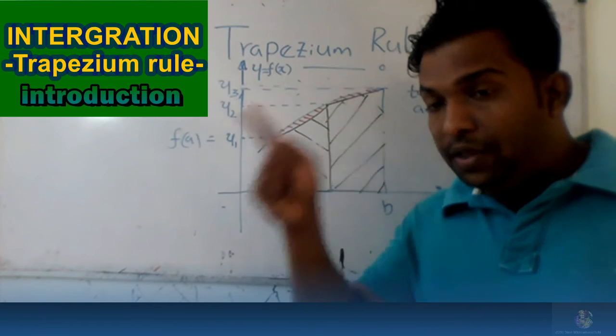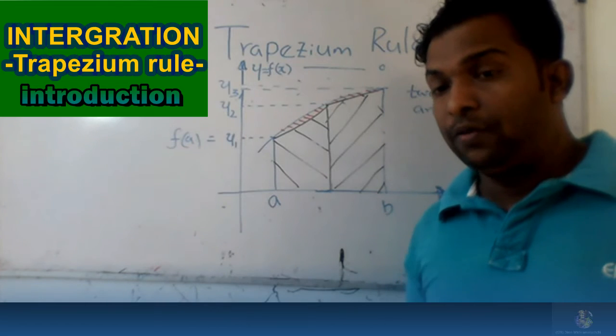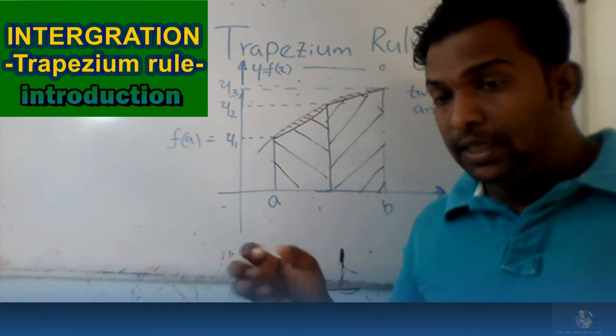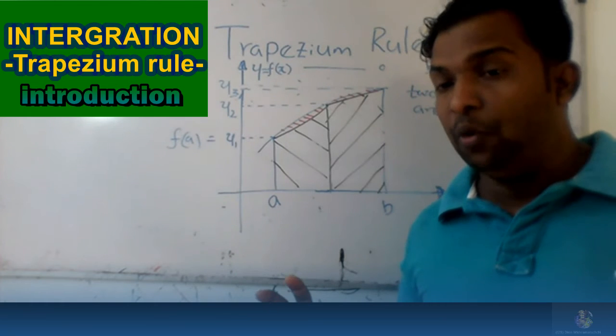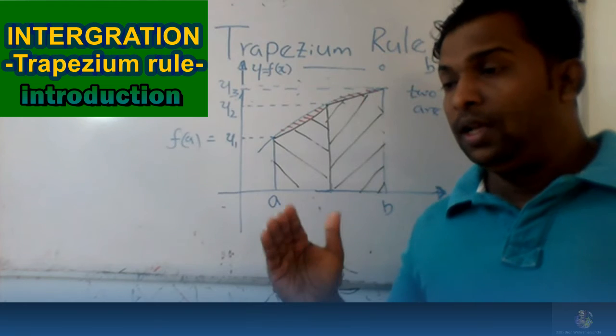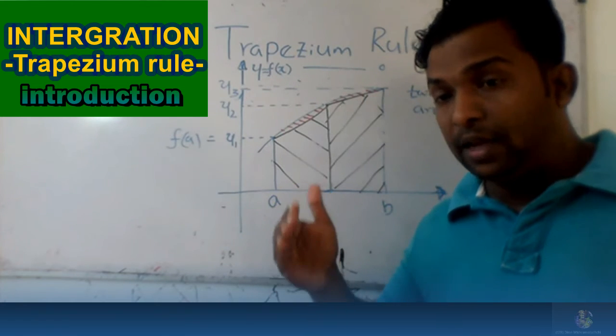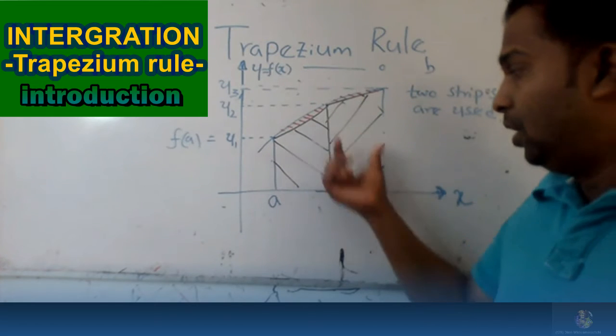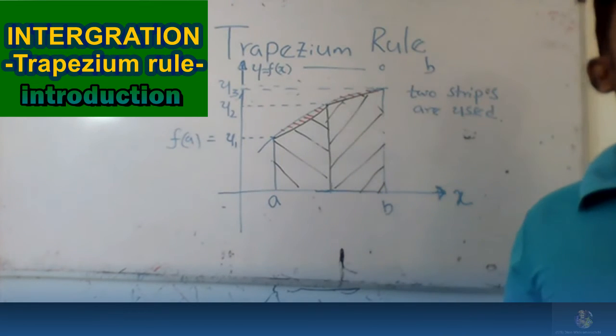Then I will give the standard formula for the trapezium rule. After comparing both, we can see the trapezium rule can be derived geometrically.